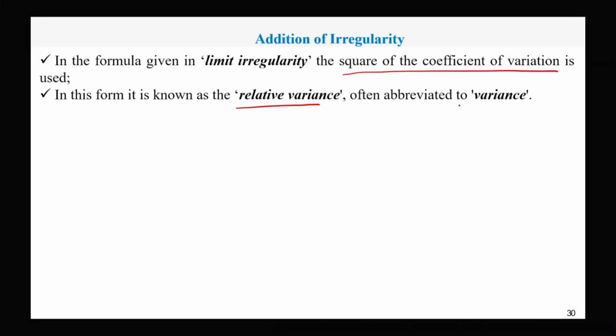Or we can simply call it variance, but actual variance is the square of standard deviation. Here in our reference we will call CV percent square as variance.